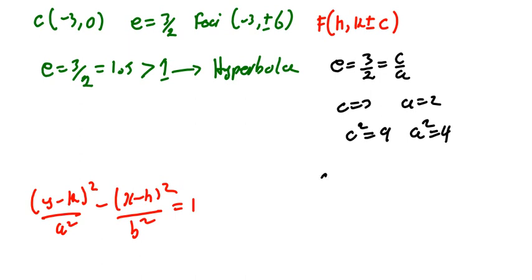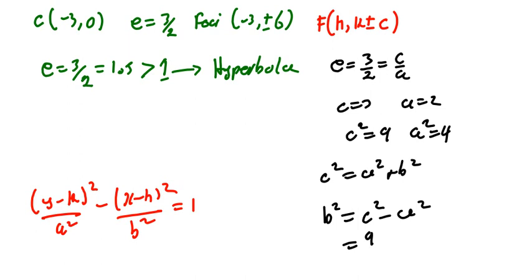So remember c squared is equal to a squared plus b squared. That's for the hyperbola. So for me to get my b, I'm going to say b squared will be equal to c squared minus a squared, which is 9 minus 4, giving us 5.